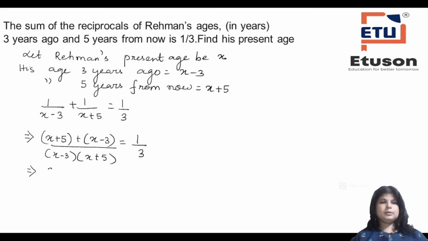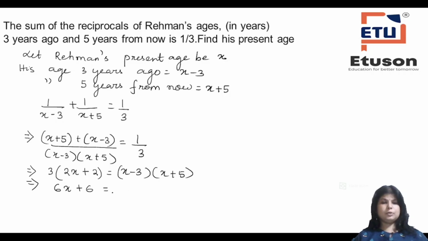You will get 3 into 2x plus 2 is equal to x minus 3 into x plus 5. So it implies 6x plus 6 is equal to, let us find the product of this. So this is x square minus 3x plus 5x minus 15.